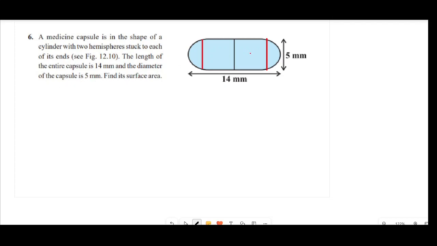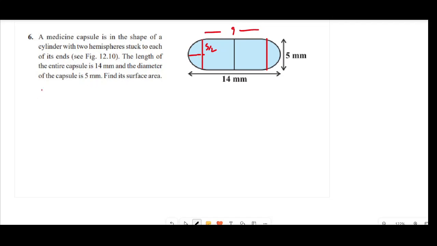Okay, we have the information. So the remaining side will be 9, and here this is 5. If we try to find the radius, it will be 5 by 2. Clear?